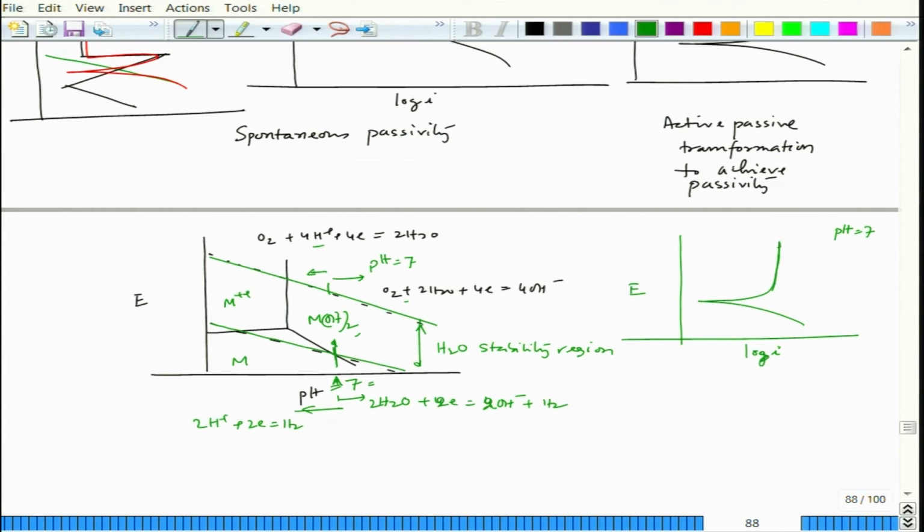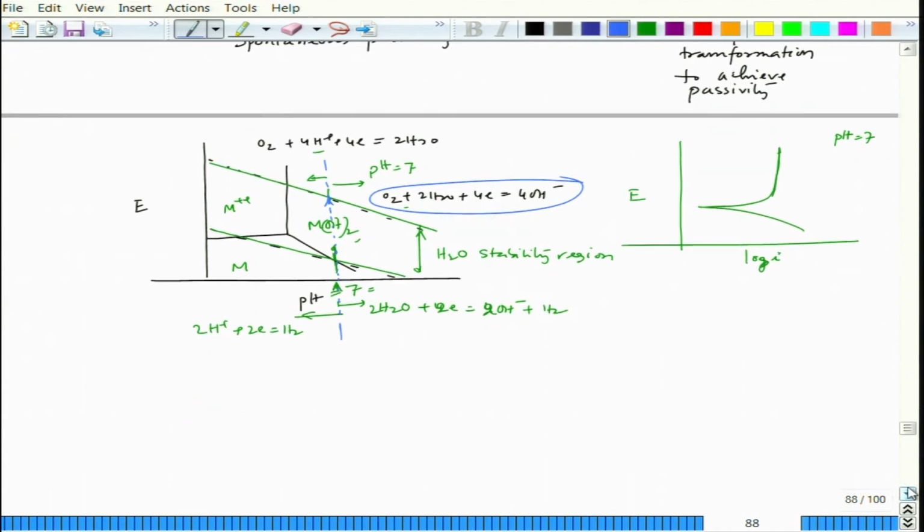But once it reaches this potential, at this pH, this is the line along which I am doing my polarization, this blue line. Now if you reach this potential, from here as you go up, this reaction starts taking over with respect to the polarization line.